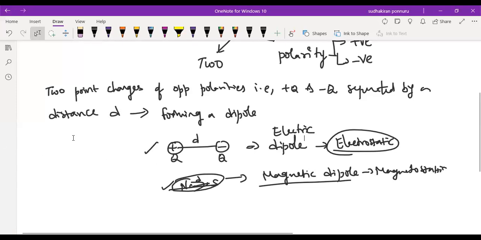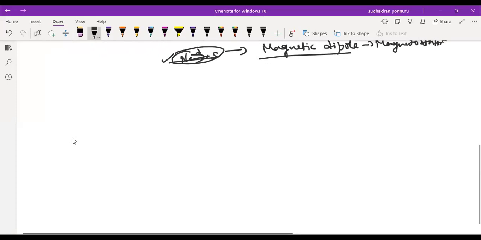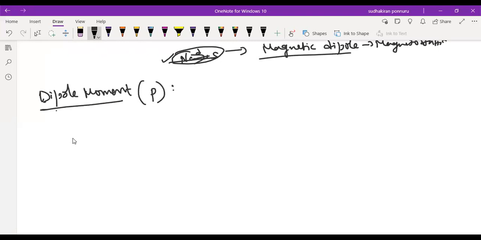After the basic definition of electric dipole, we are going to see the definition of dipole moment, which is represented by small p. Dipole moment is nothing but the product of the charge and the distance.